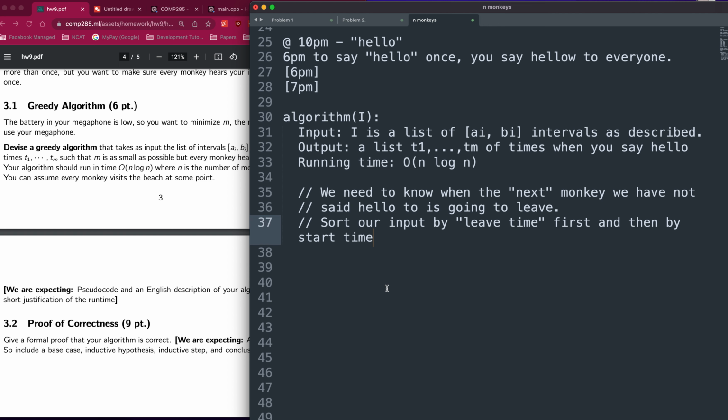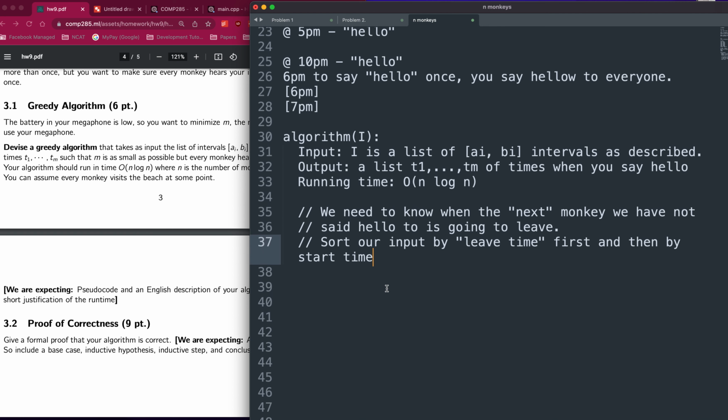So with that in mind, we would say sort I by second element. So this is sort by leave time, in increasing order.